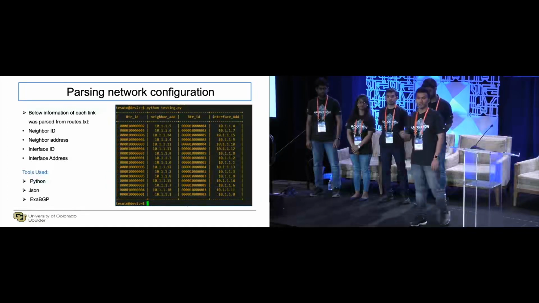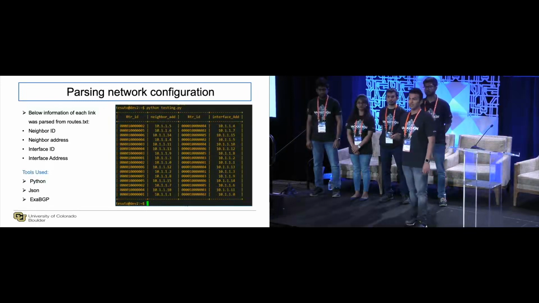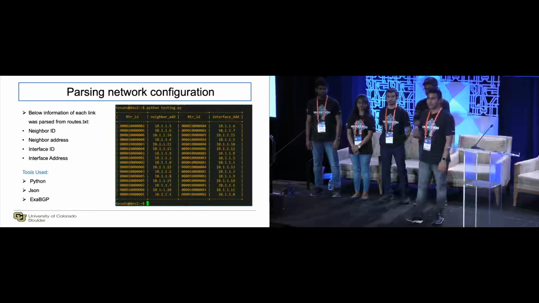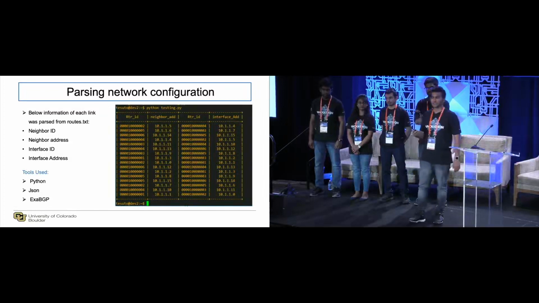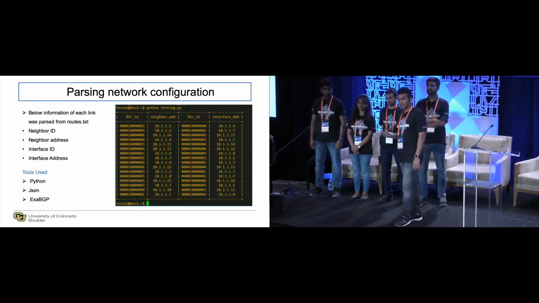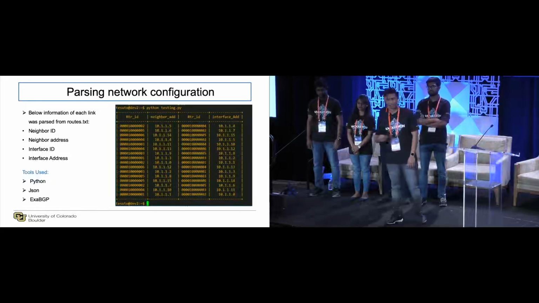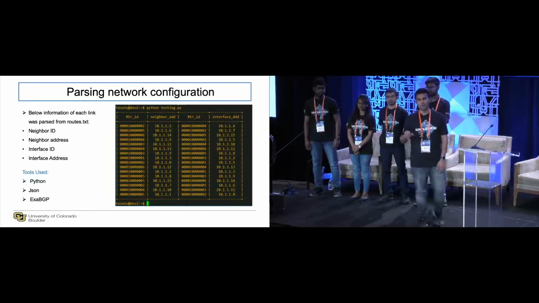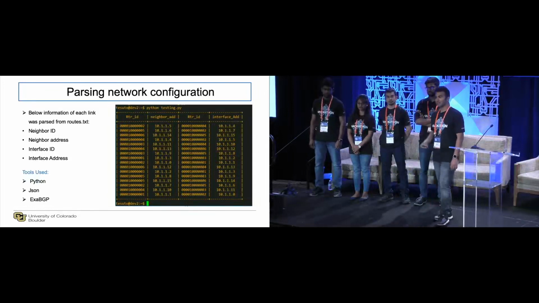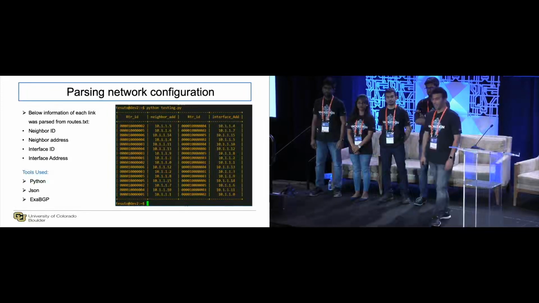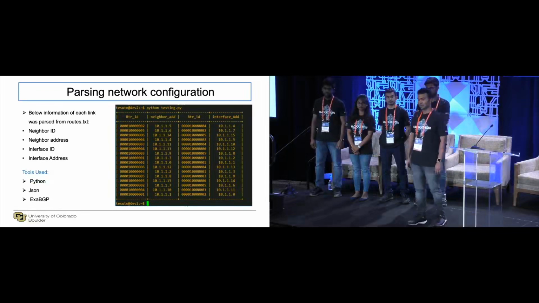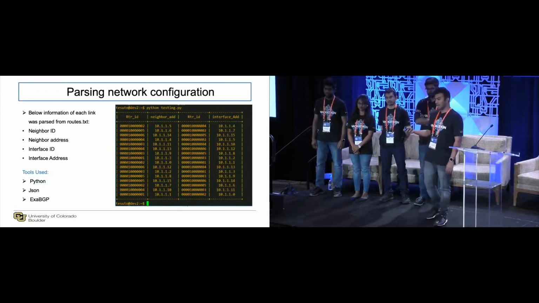BGP-LS is a tool that can be used to extract the IGP information and give it to an external entity via BGP. To take the information out of BGP-LS, we used XRBGP. XRBGP gives us the information in JSON format, and for extracting and parsing it, we made use of Python and JSON. As you can see, we found the router IDs, router addresses, and all that through the information we got from XRBGP.